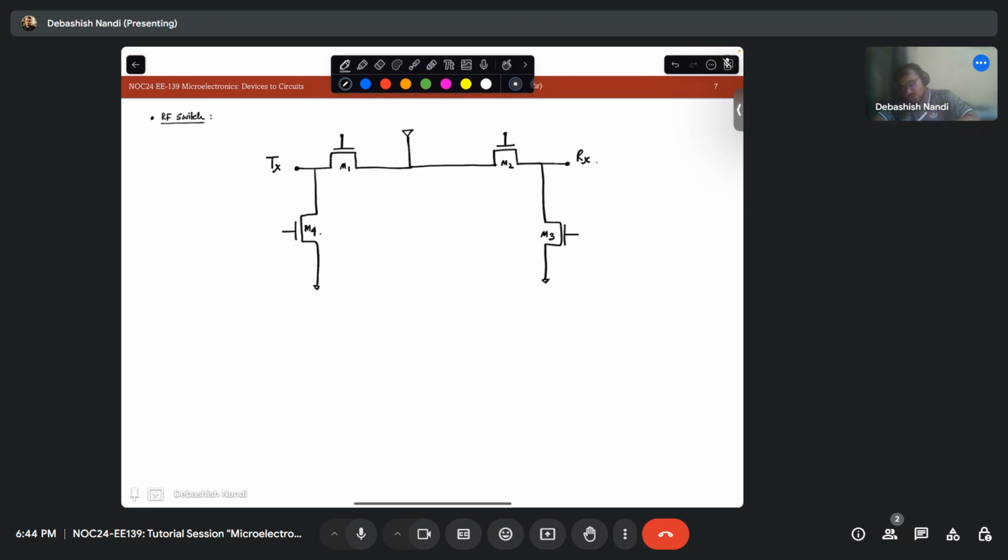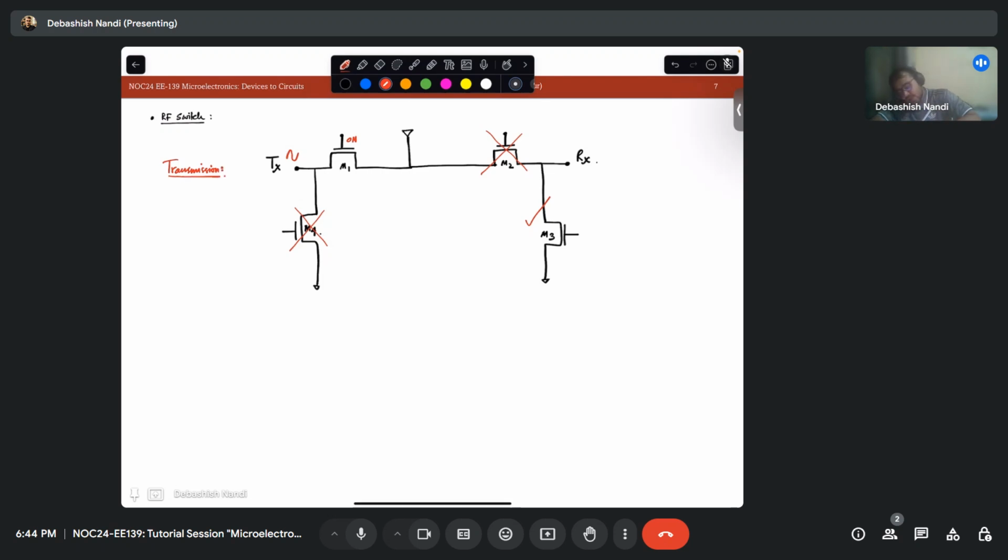So when there is a signal at this point, you make this one on and turn this one off, and you turn this one off and keep this one on, for the transmission phase.